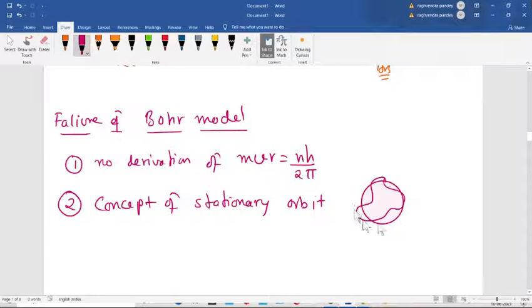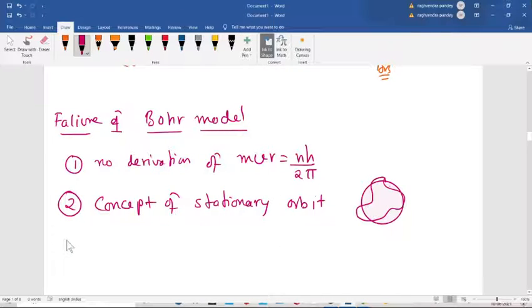There is no concept of Maxwell or Faraday here, that a moving charge will emit electromagnetic energy. That is not a problem with a wave. A wave is not a particle and doesn't have any charge. So the concept of stationary orbit wasn't explained by Bohr.